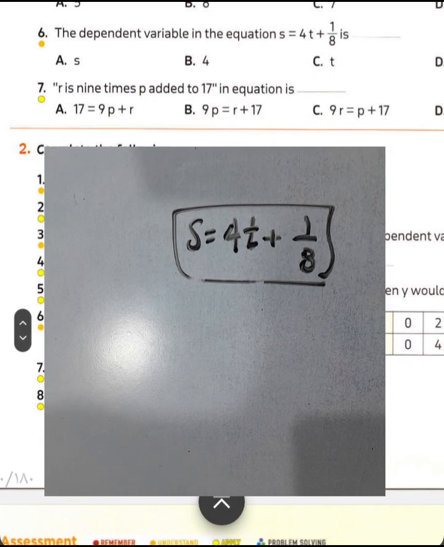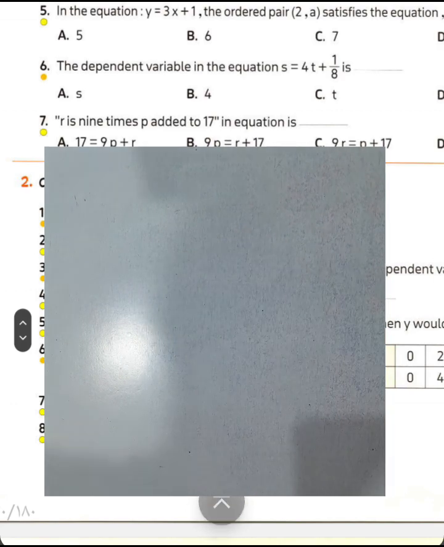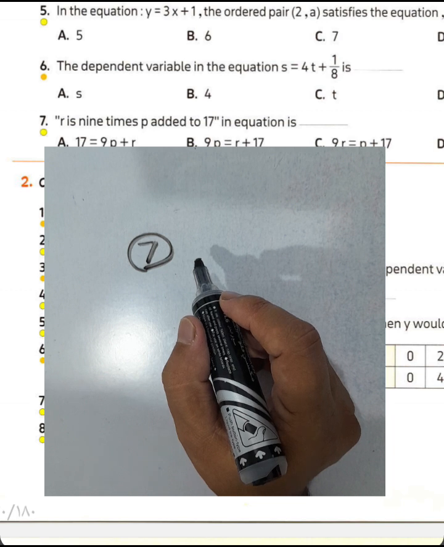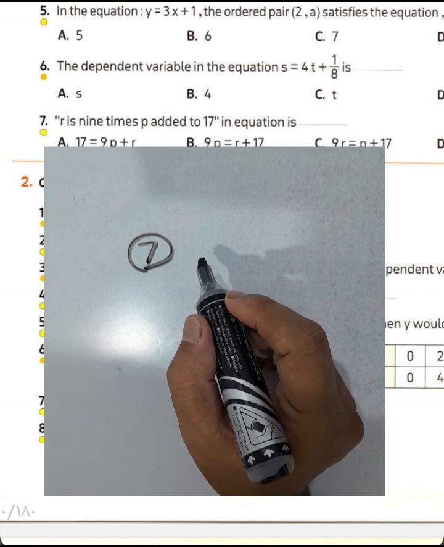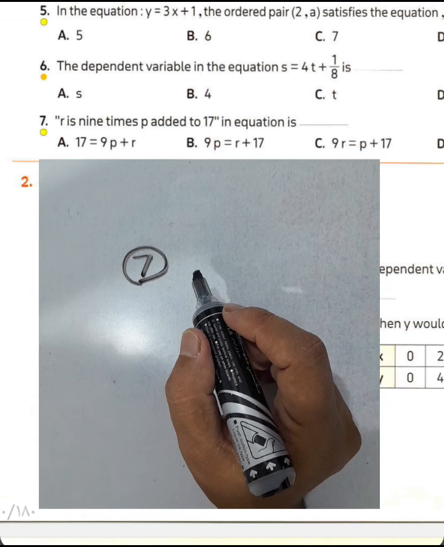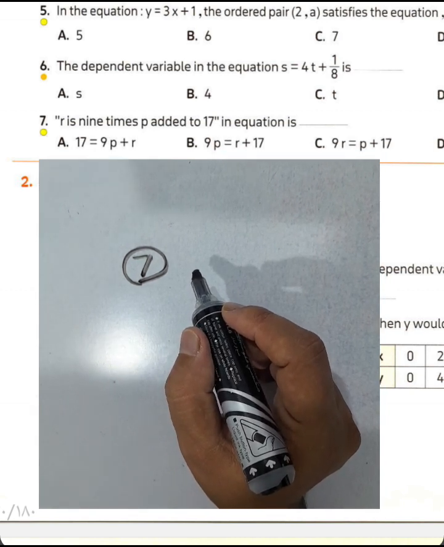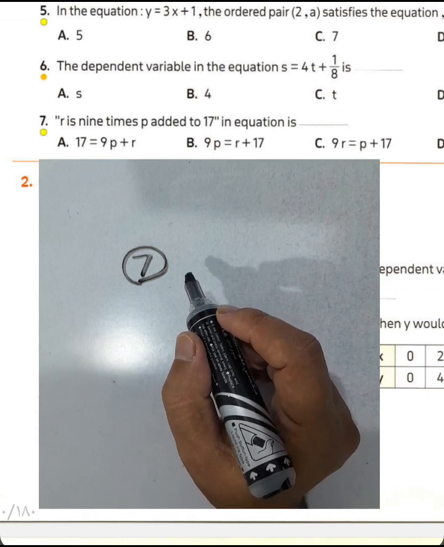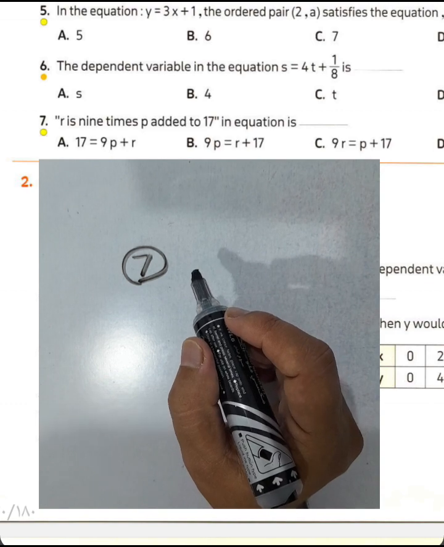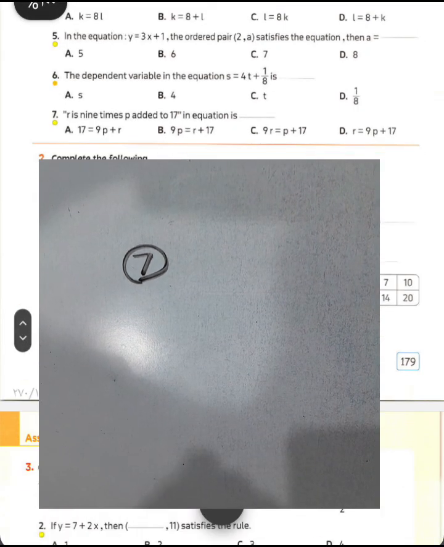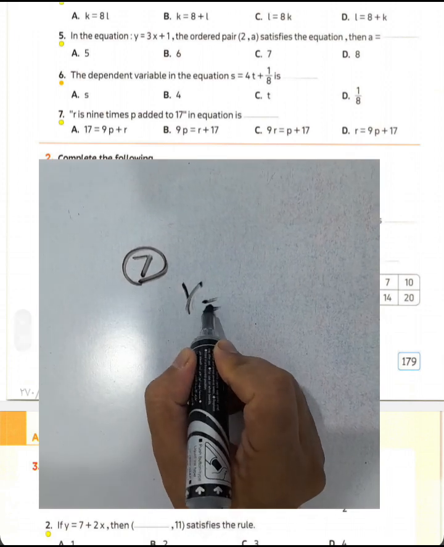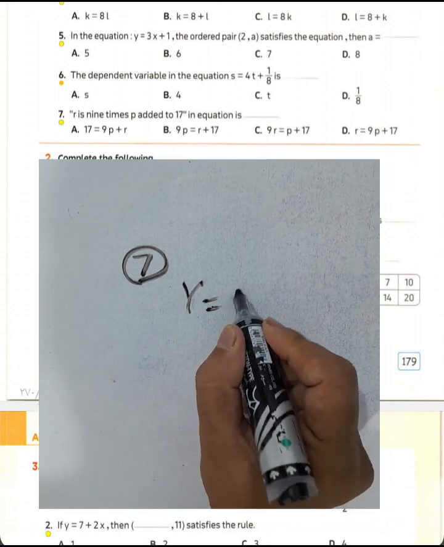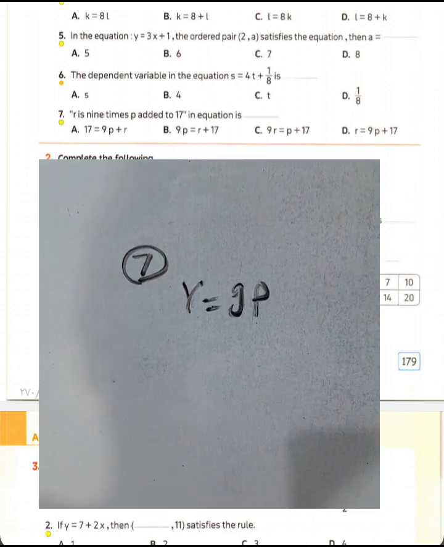Question number 7. R is 9 times P added to 17. Look at the choices here. R is means R equals 9 times P, it will be 9P.